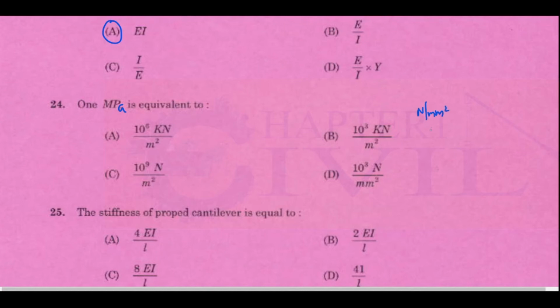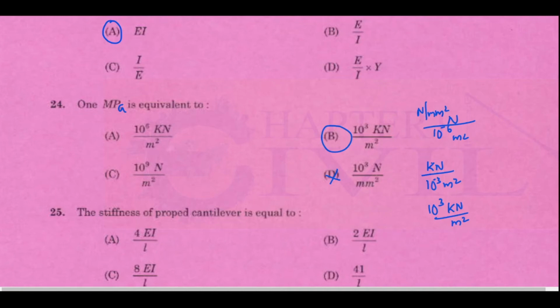So this mm square we need to convert to meter square. So 10 raised to minus 6 meter square, Newton per. So we take 10 raised to 3 upward, so kilonewton. Kilonewton per 10 raised to minus 3 meter square. So it is 10 cube kilonewton per meter square. It is option B. 1 megapascal is equivalent to 10 cube kilonewton per meter square.